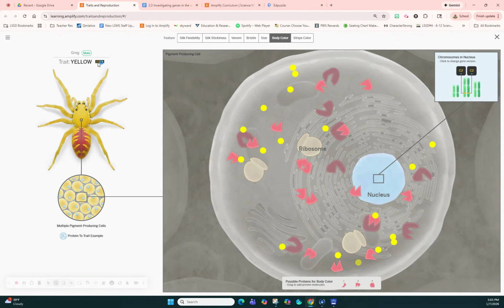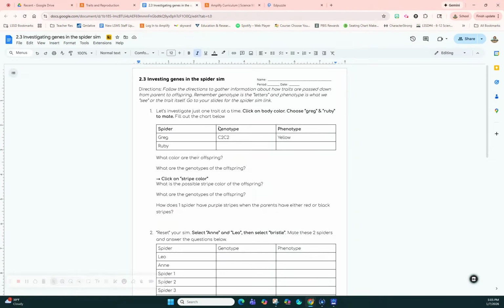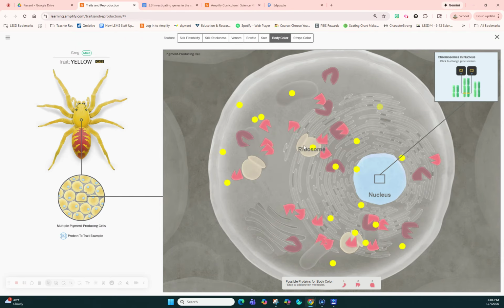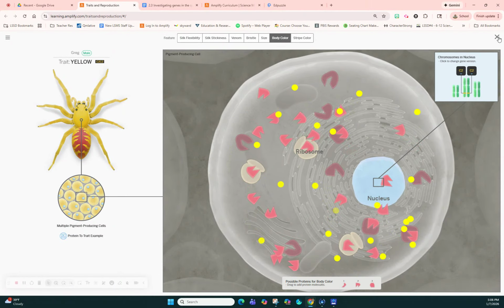Greg's body color genotype is C2C2. I'm going to record that here, and record his phenotype here, which is yellow. So we've got his genes and his phenotype.